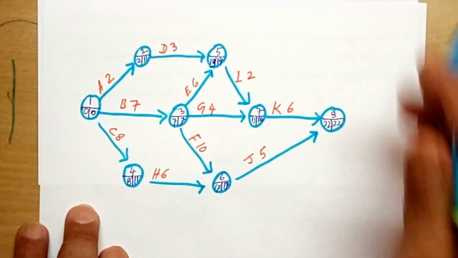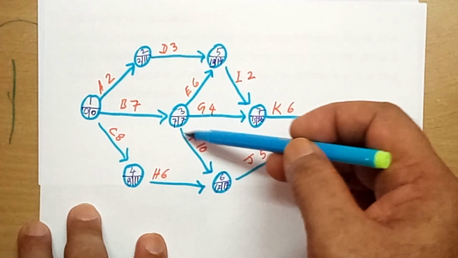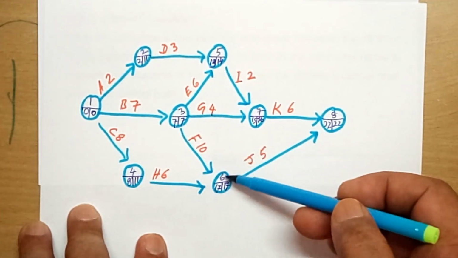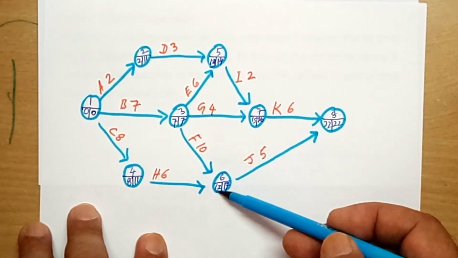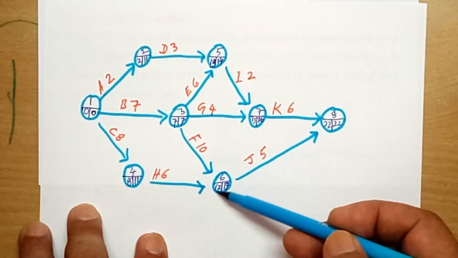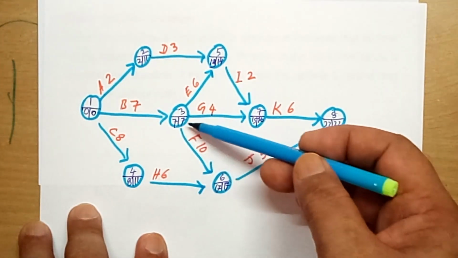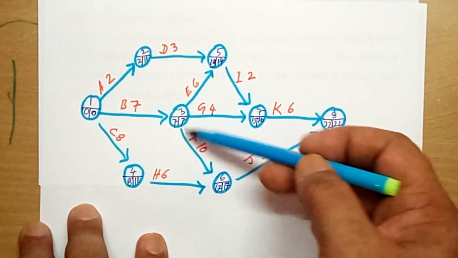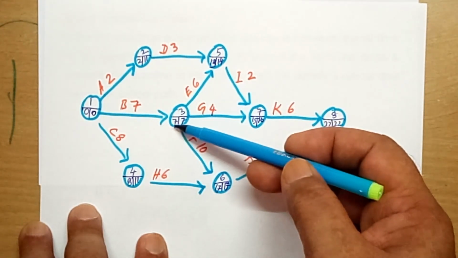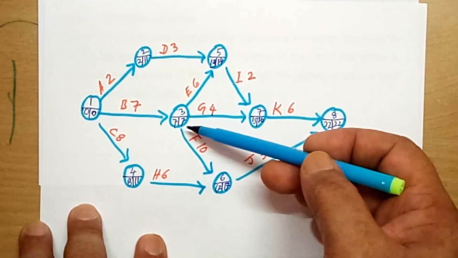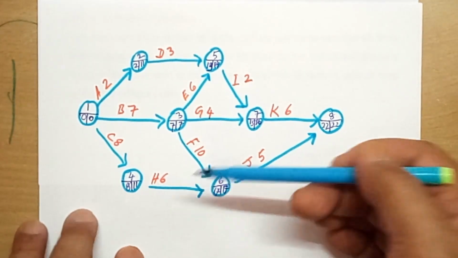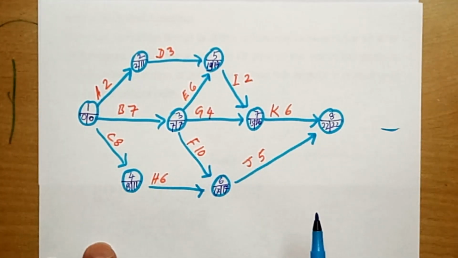So it is clear. For this arrow activity, at the head of the arrow, the earliest start time and latest finish time are both 17, and at the tail of the arrow, both are 7. That means equal. This is the first condition for an activity to become a critical activity.